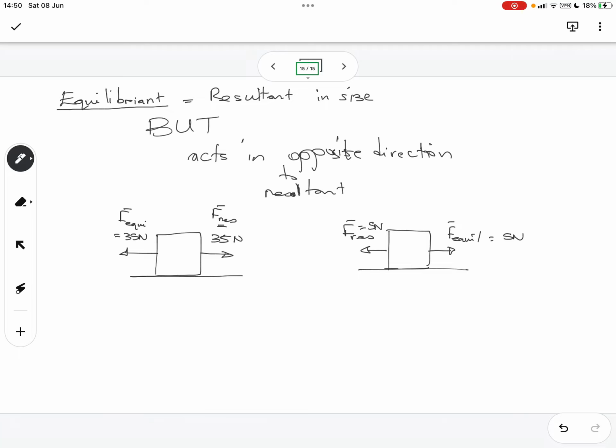And likewise, if the resultant force equals 5 Newton, then the equilibriant would be 5 Newton in the opposite direction. So in other words, the equilibriant force equals negative the resultant force. So we can end here for vectors.